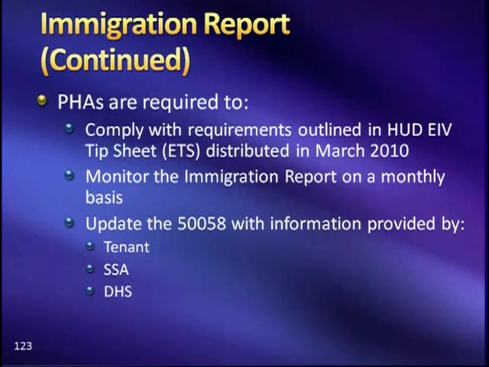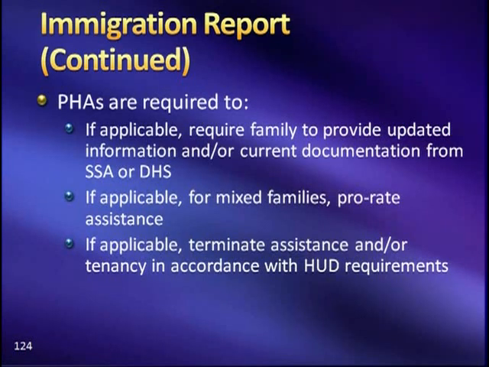You're also required to monitor this report on a monthly basis and update your 50058 accordingly to reflect tenant, SSA, or Homeland Security provided information. If applicable, you're required to have your families provide updated information and/or current documentation from SSA or DHS.